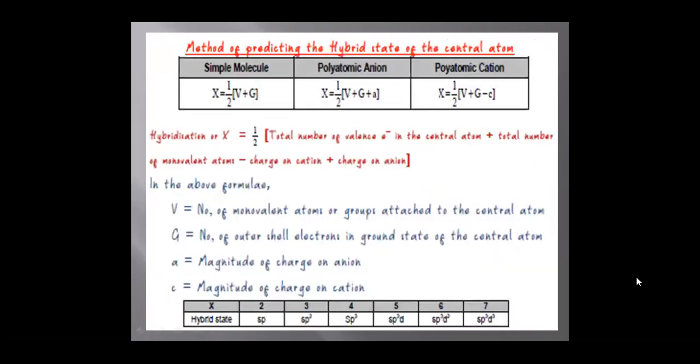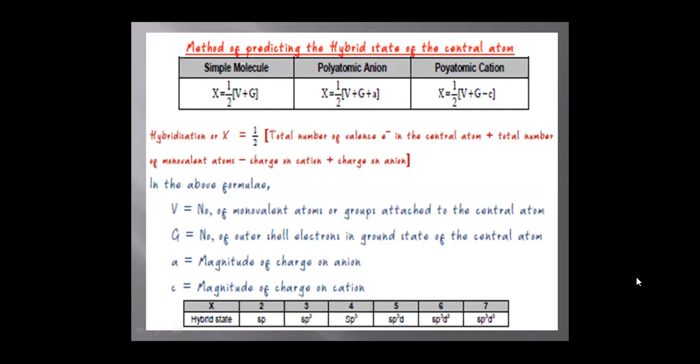The method of predicting the hybrid state of the central atom: for a simple molecule, X is equal to 1/2 (V plus G); for a polyatomic anion, X is equal to 1/2 (V plus G plus A); and for a polyatomic cation, X is equal to 1/2 (V plus G minus C). So the hybridization is equal to 1/2 into the total number of valence electrons in the central atom plus the number of monovalent atoms minus the charge of cations plus the charge of anions.